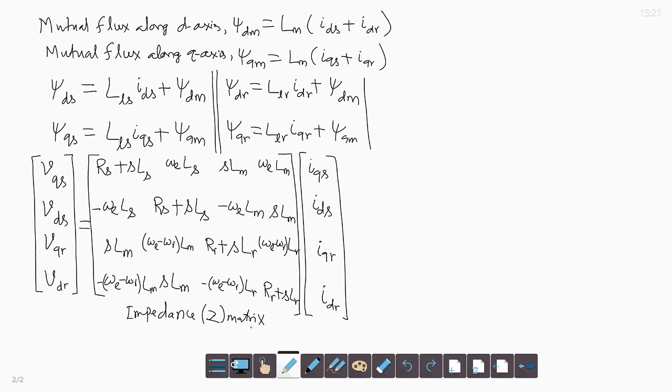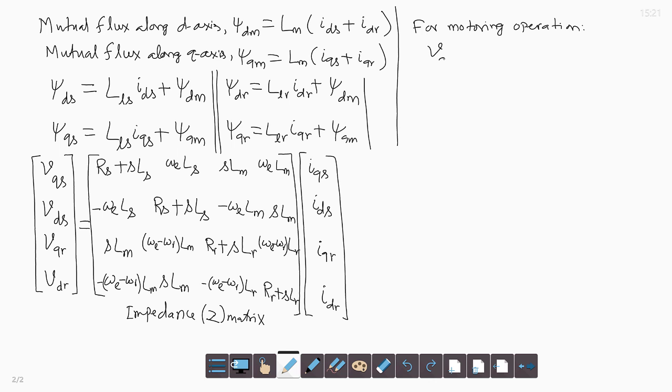Here S is the Laplace operator, and for motoring operation, as for motors, the rotor winding has to be short circuited, the rotor winding has to be closed.